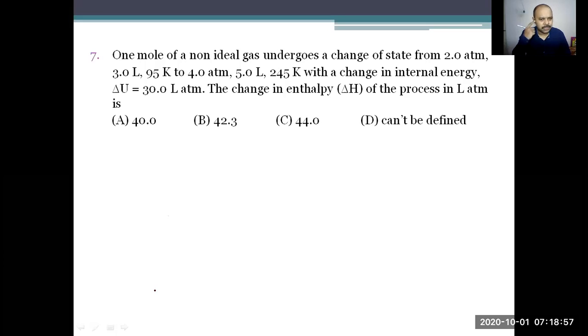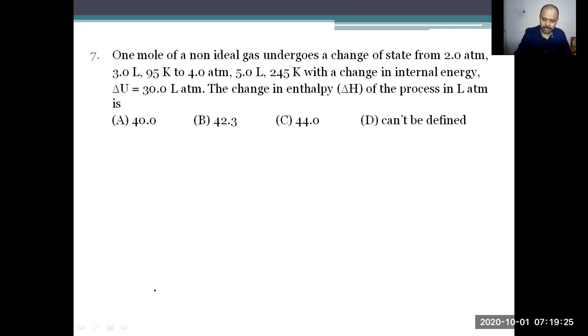They have given pressure, temperature, volume in 2 states, and delta U also, and they are asking us to calculate delta H.